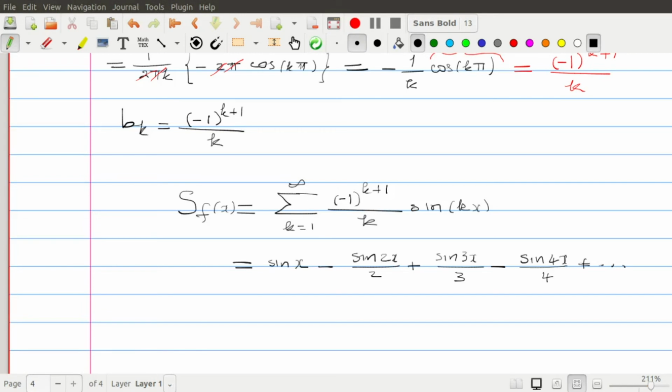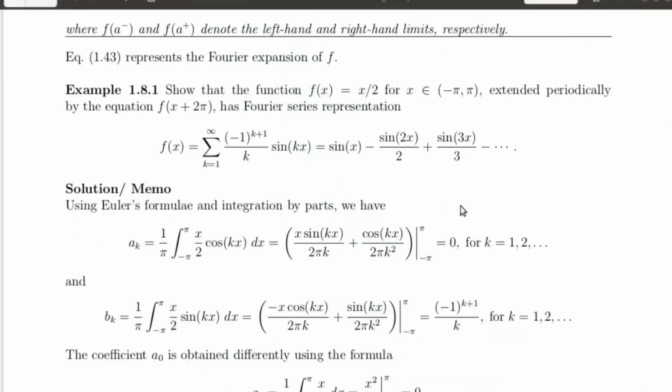So this is what we obtain, and which is exactly what we're asked to prove. So we start k equal to 1, k equal to 2, k equal to 3, k equal to 4, and so forth. And the sign is alternating, positive, negative, positive, and so forth.